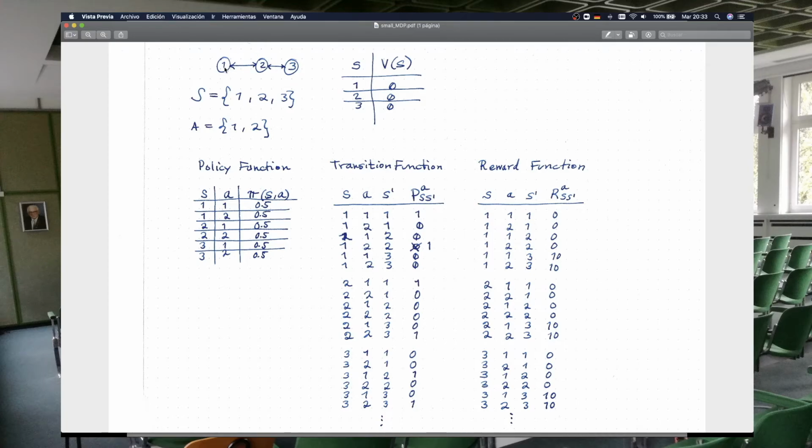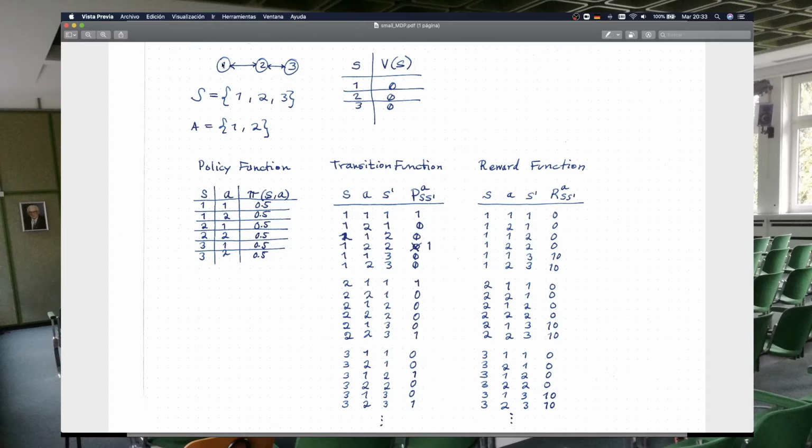If we are here and we go left, we stay in the same state. That's going to happen for sure, so the probability of that occurring is 1. Now the next combination: if you are in state 1 and we say go right, the probability that we will stay in state 1 is 0.